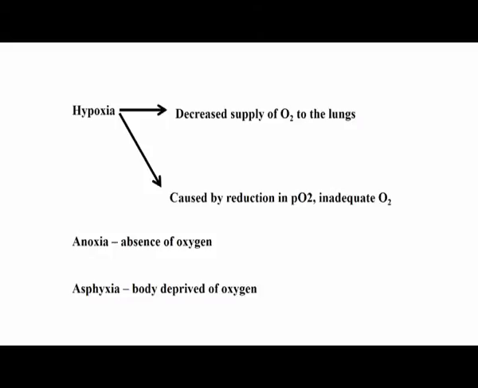Simply, one can say decreased supply of oxygen to the lungs, or decreased concentration of oxygen in the lung, because of reduced partial pressure of oxygen or inadequate oxygen available in the atmosphere. This is what is called hypoxia. And if you remove hypo, which stands for less, and add an, that simply means no. So, anoxia is what is called absence of oxygen.